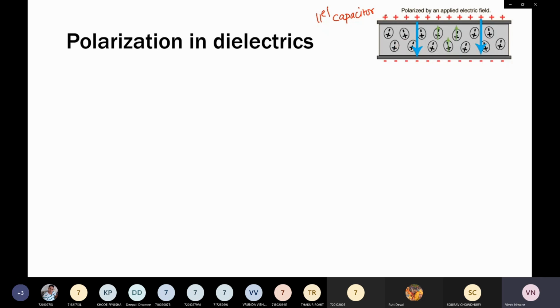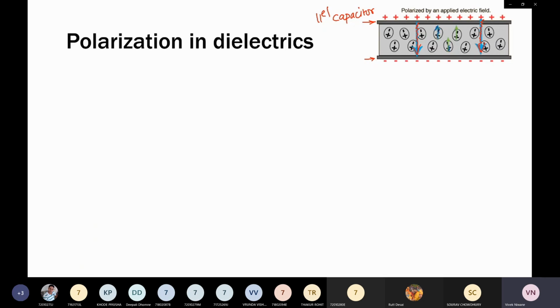So the positive charges on the upper plate will have electric field lines, going from the positive plate to the other plate. According to Faraday's experiment, we know that equal and opposite charge is developed on the second plate, as well as these small dipoles creating their own electric field.